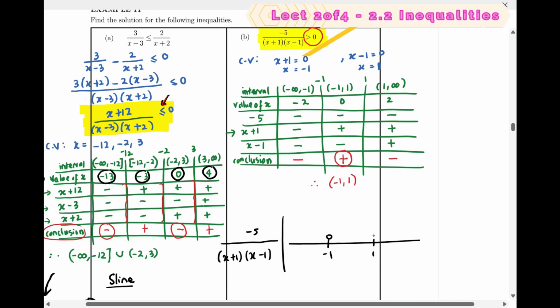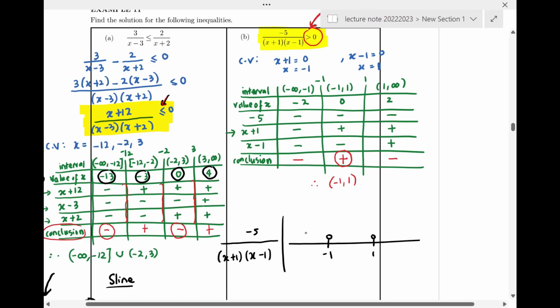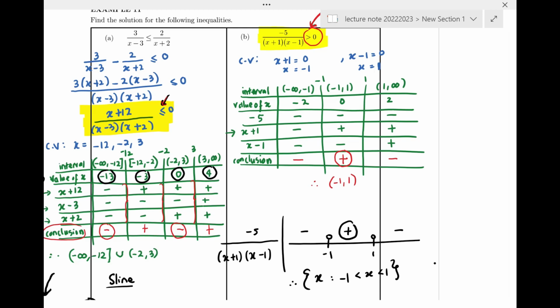Both are open circles. If we calculate, we will have negative, positive, and negative signs. And of course, we want the positive values, so we highlight the positive. In solution set, the answer should be curly bracket x such that x is between negative 1 and 1. So we are done with rational inequalities by using either the table of sign or sline method.